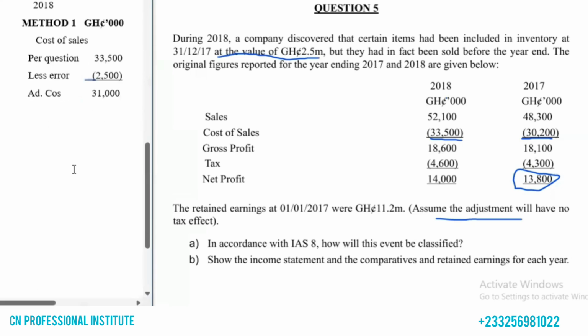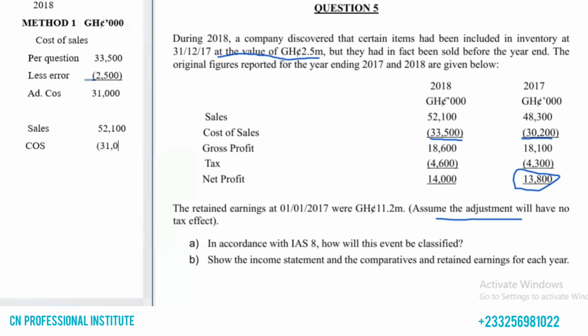Then we now just come and put it into the P&L account. So our revised profit or loss for 2018 is 52,100. Then we bring the adjusted cost of sales, which is 31,000.